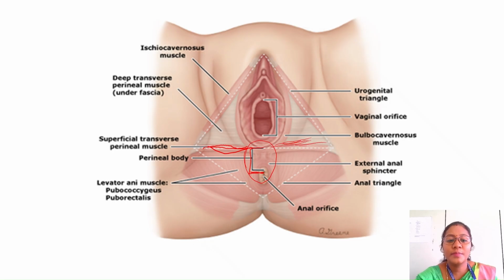Then this is the levator group of muscles: the pubococcygeus, and the puborectalis muscle is also present in the perineal space. This is the external anal sphincter, which is also present in the perineal region.